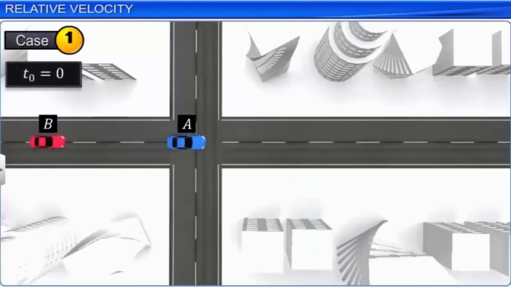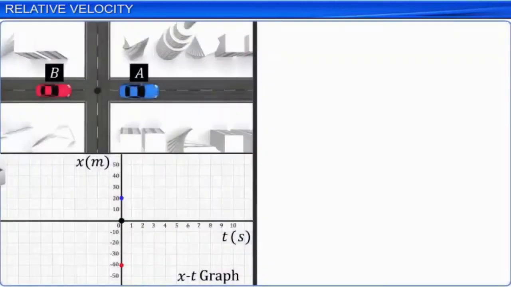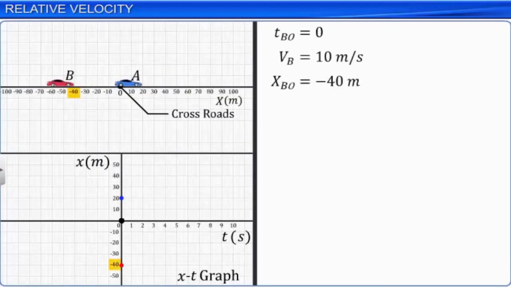Cars A and B are moving on a straight road with equal uniform velocity of 10 meters per second. At the time of initial observation, that is, when tB0 is equal to 0, B is 40 meters behind the crossroads, and A is 20 meters in front of the crossroads.